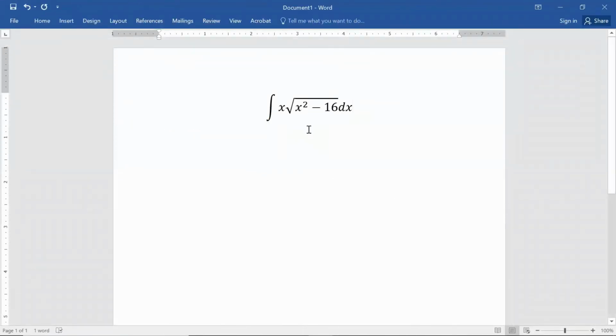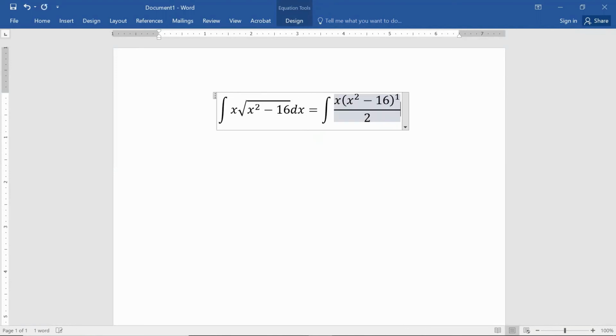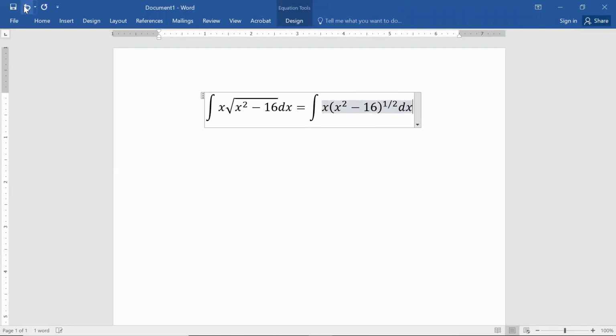It is going to be easier to integrate eventually if I rewrite that square root as being raised to the 1/2 power. So I'm going to do that. My u is going to be the polynomial that's being raised to a power. In this case, that's x squared minus 16.